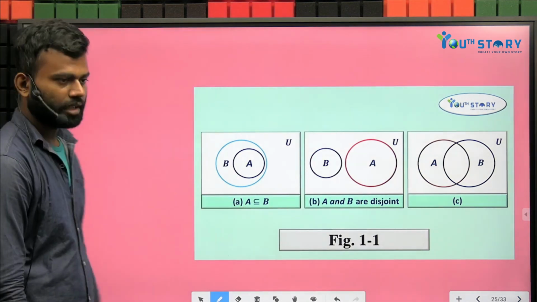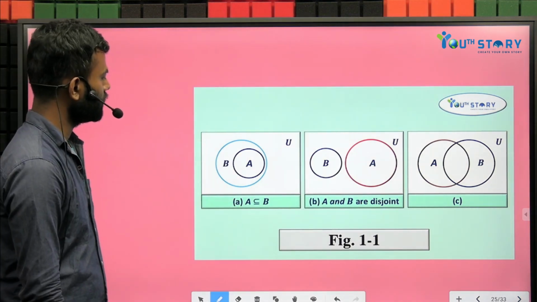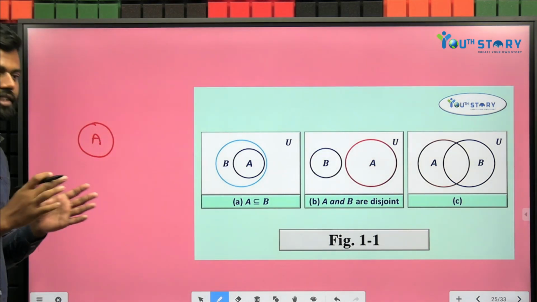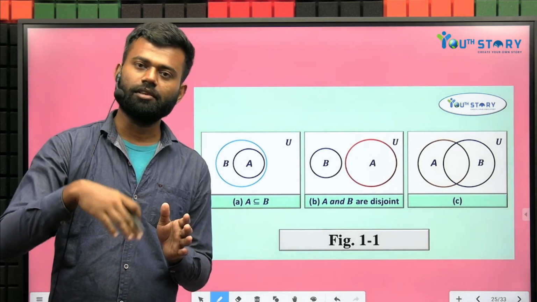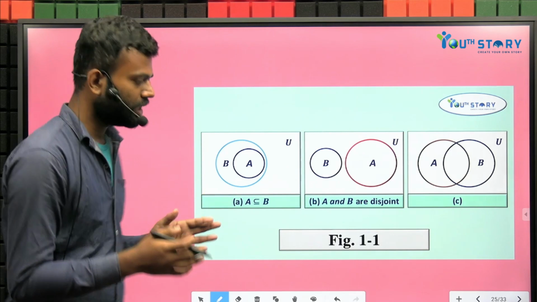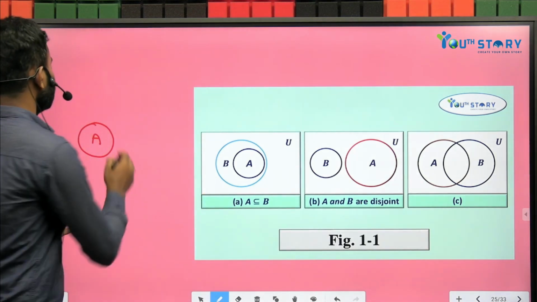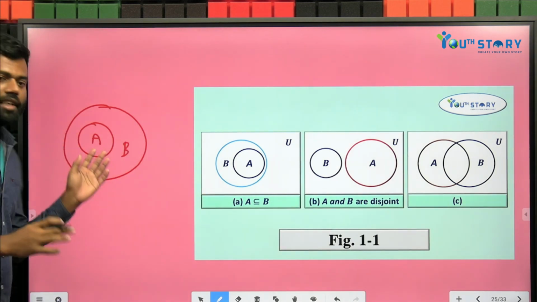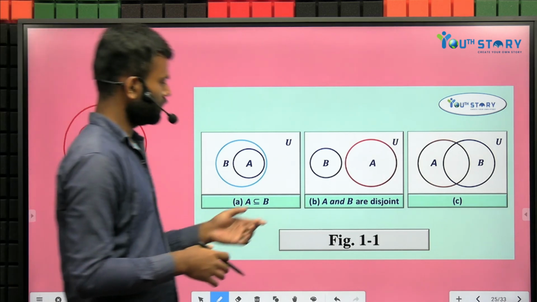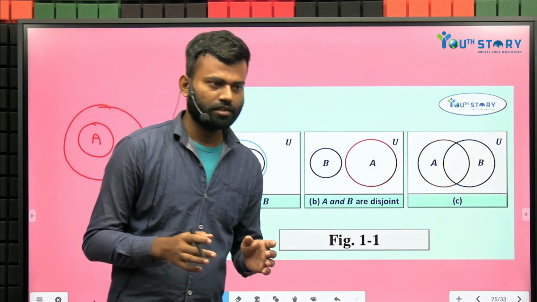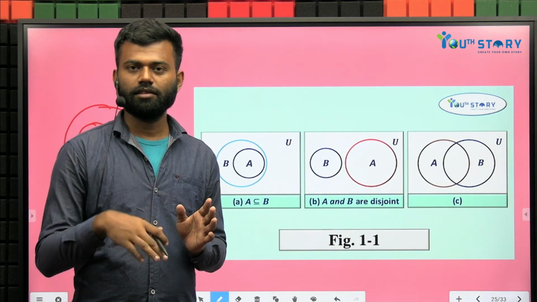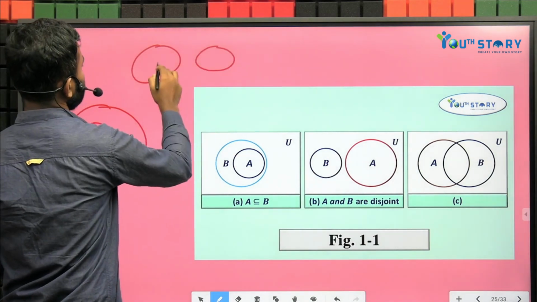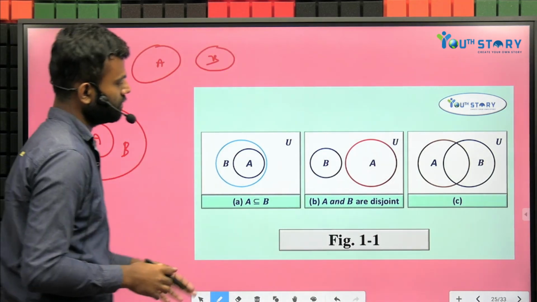If A is a subset of B, then the picture will be A inside B, since each member of A is also a member of B. So B may be equal to A, or maybe this type of structure, that is, B contains the set A. If A and B are disjoint, then they have no common element, so A and B look like this type of picture.